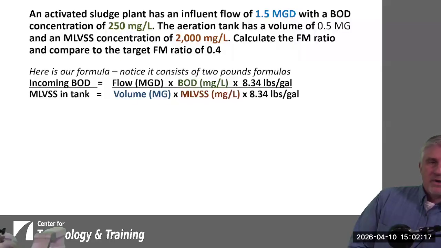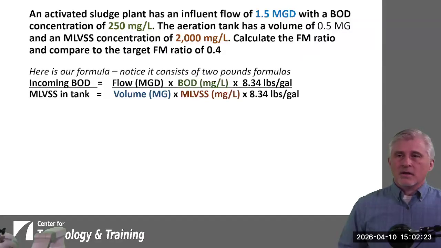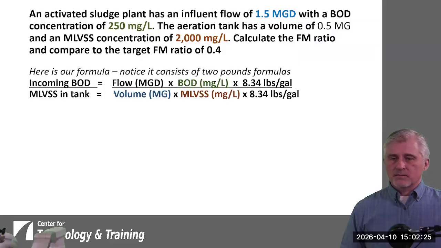So with the information that you've got and this formula, we'll give you a couple of minutes to work this problem on your own, and then I'll cover how we do that.